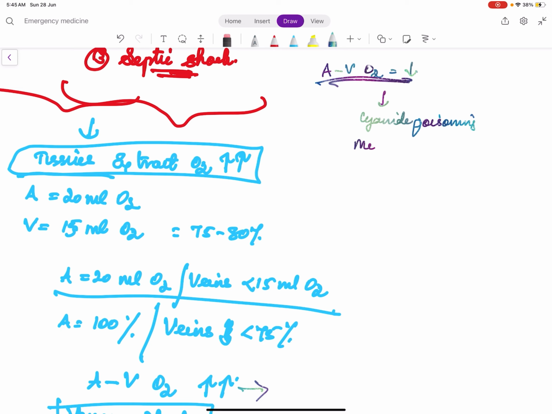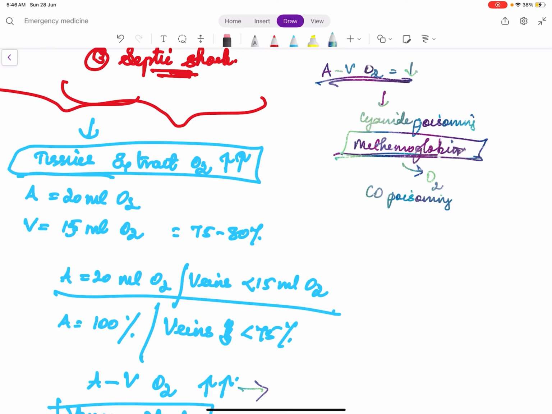Remember methemoglobinemia. In methemoglobinemia, oxygen is not getting released from the methemoglobin. Methemoglobin is an abnormal hemoglobin, which occurs due to certain poisoning. In this poisoning, oxygen is not getting released from the hemoglobin. A similar thing occurs in carbon monoxide poisoning.